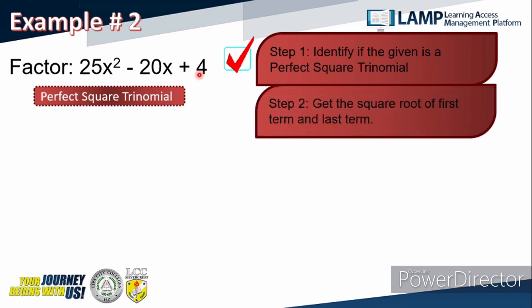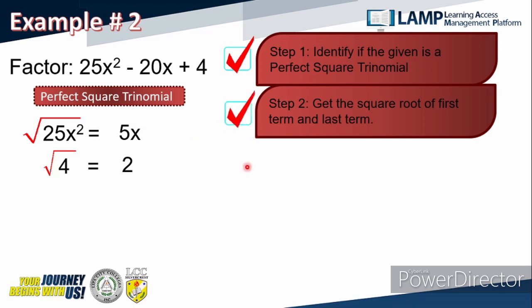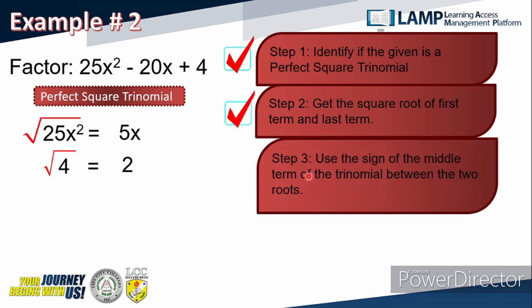Step 2, get the square root of the first and last term, in which we already get that. Here, the square root of 25x squared and the square root of 4 is 5x and 2. In short, we have here the square root of first and last term. Therefore, we are done with that. Step 3. Use the sign of the middle term of the trinomial between those two roots.